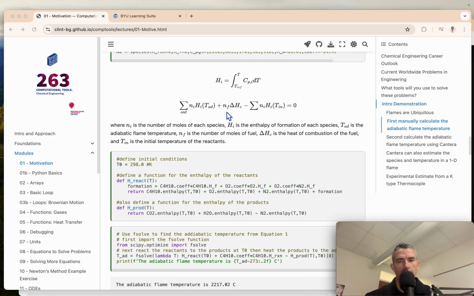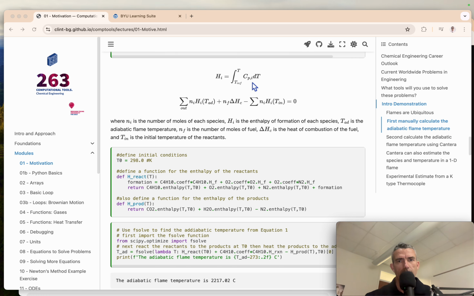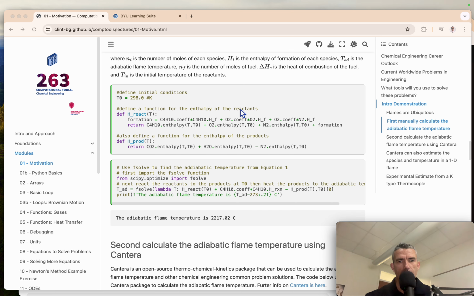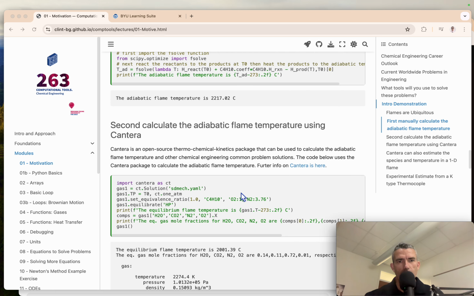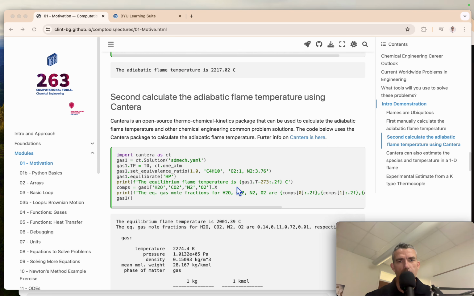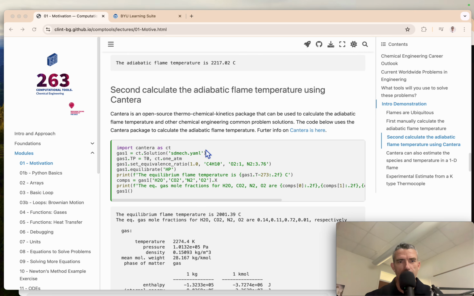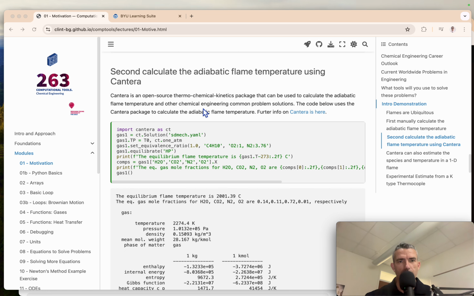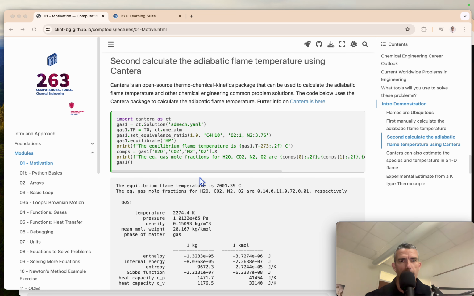Here's an energy balance showing the balance of enthalpies and how to calculate the enthalpy for each gas species from the heat capacity. And besides doing it this way, making our own objects, you can use a package called Cantera, and it does a similar thing and has more data associated with it.